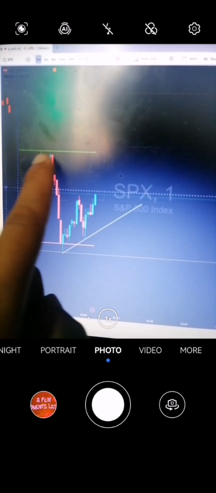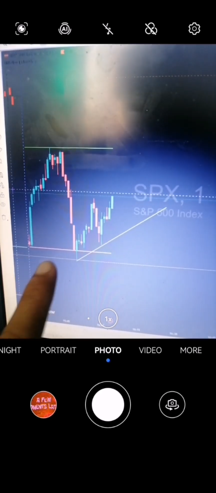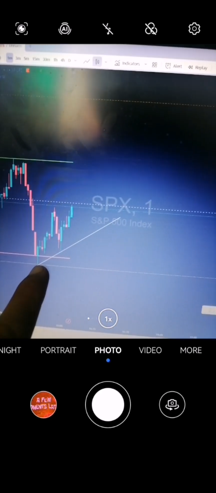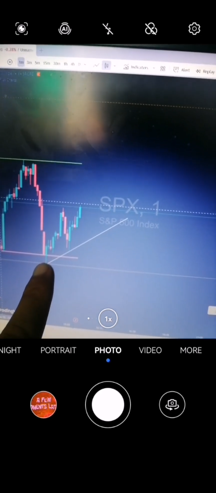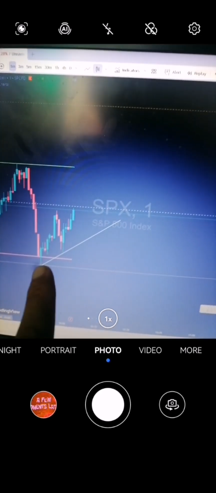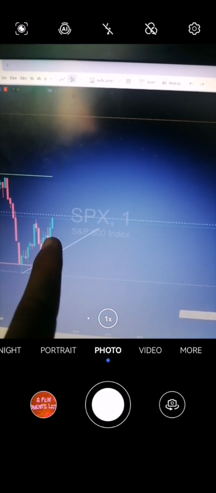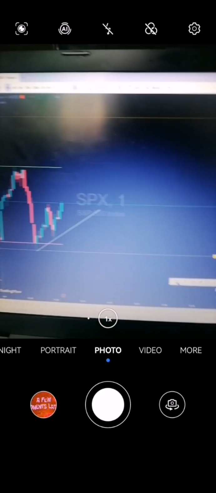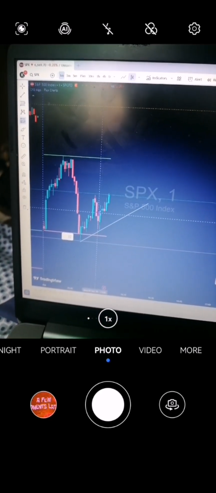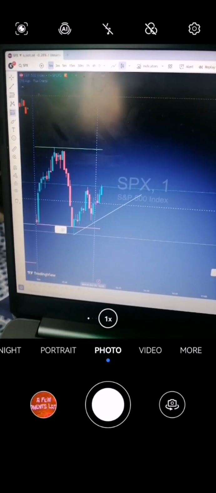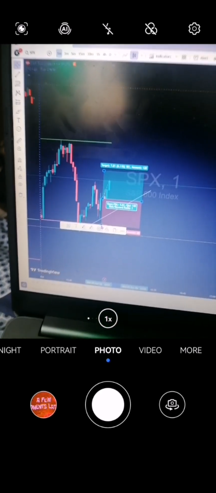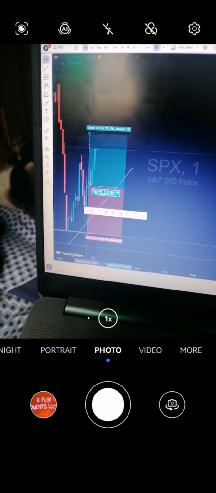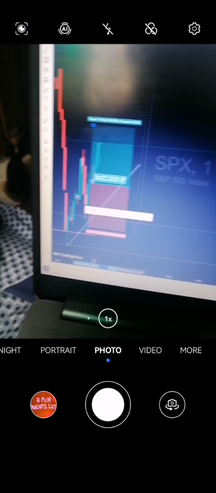I marked the 15-minute high, the 15-minute low, and then I saw that there's a nice small higher low on the 1 minute, and then I entered around about this level here, and then I just put my stop loss outside of my trend, around about there.